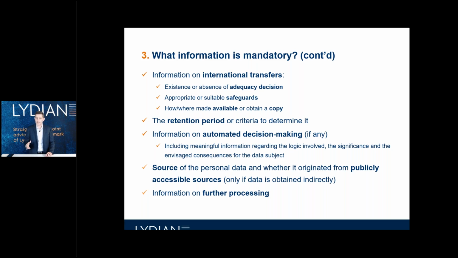And third, and this is often forgotten, in principle, you also need to inform the data subject how these appropriate or suitable safeguards are made available, or where the data subject can obtain a copy of those documents.